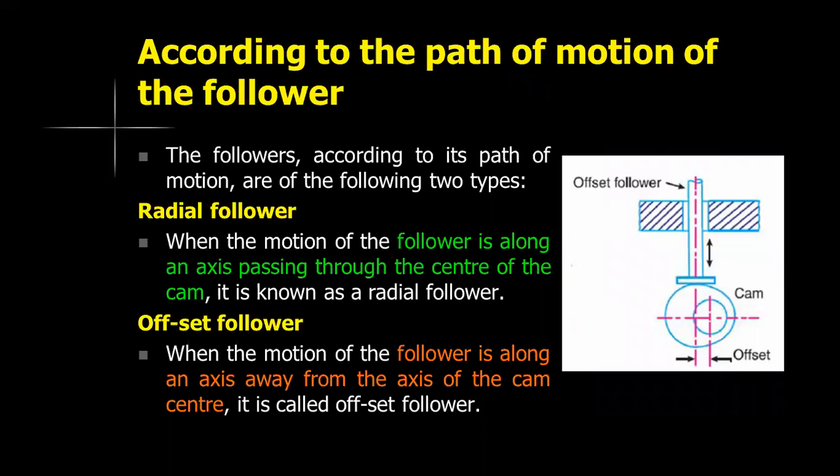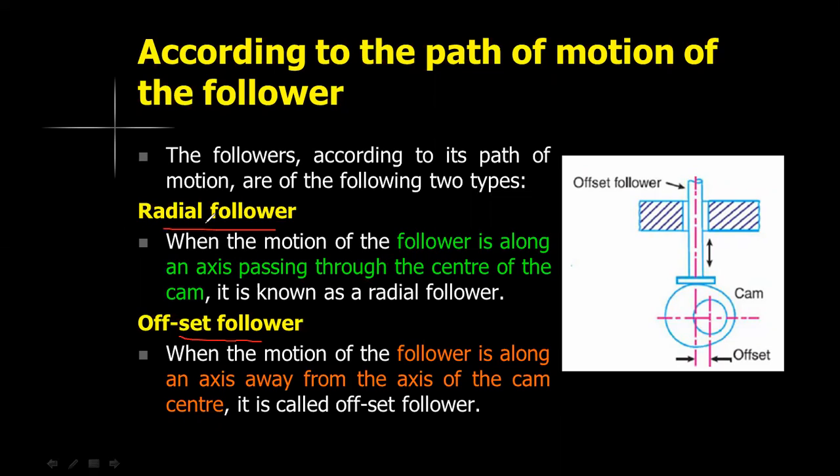The third classification is based on the path of the motion of the follower, that is, what type of path the follower takes. According to the path of motion, followers are classified as radial follower and offset follower.